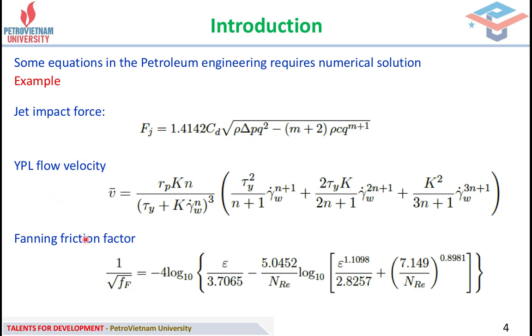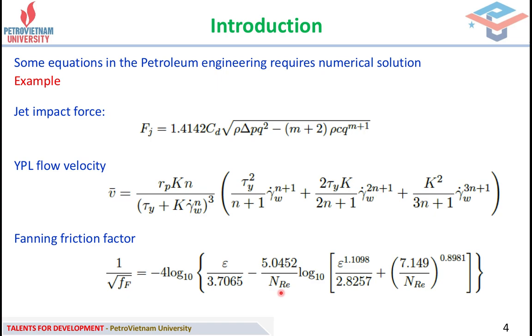And also in production engineering, you might have seen this equation before. This equation is the Fanning friction factor. If you are given a pressure drop along a pipe, you'll be able to determine the Fanning friction factor. And from the flow velocity and other properties like viscosity, density and pipe radius, you'll be able to determine the Reynolds number.